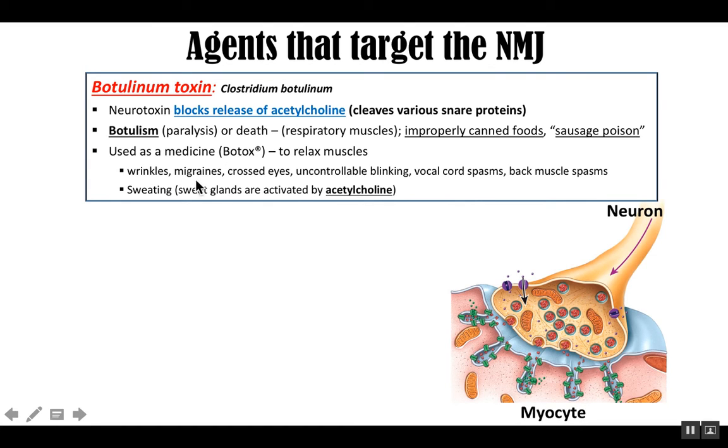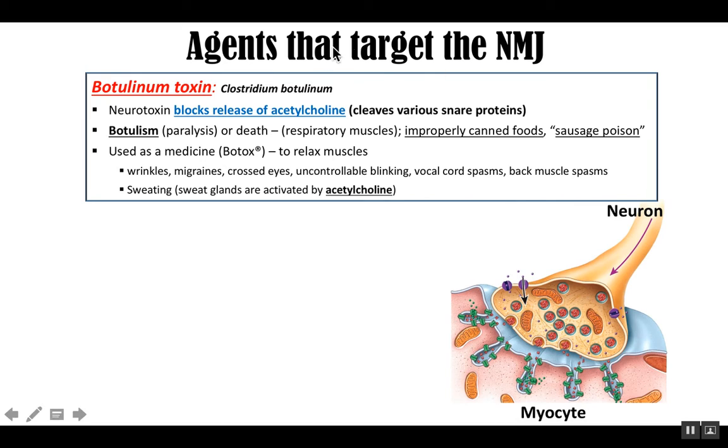We use it to treat migraines that might be due to overstimulation of skeletal muscles. We can use it to prevent eyes from crossing because eyes move based on skeletal muscles. We can treat uncontrollable blinking, vocal cord spasms, and a lot of back pain issues if the back pain is due to muscle contraction.